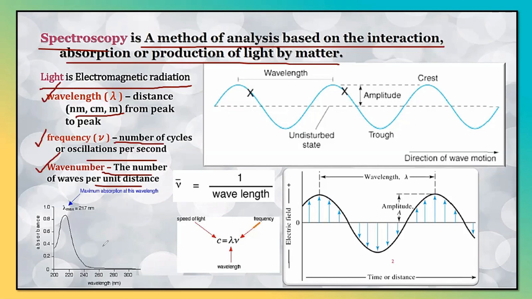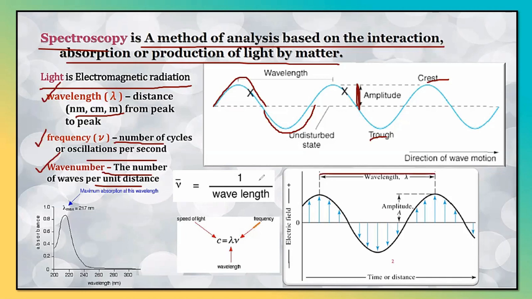As you can see, there are multiple types of curves. In this curve the top is the crest and the lower one is the trough. This is how we calculate the amplitude of the wave, and the wavelength is the distance between the peaks of two waves.